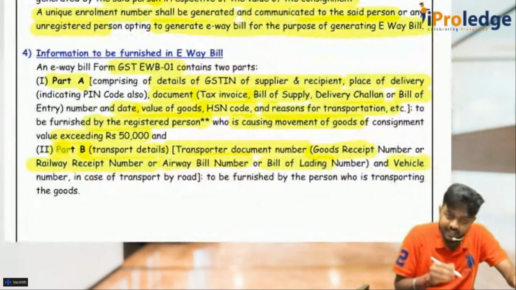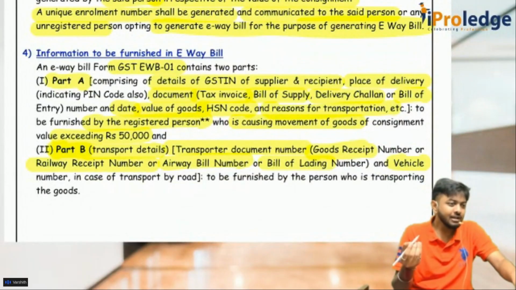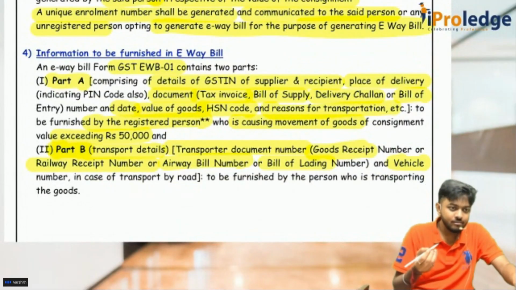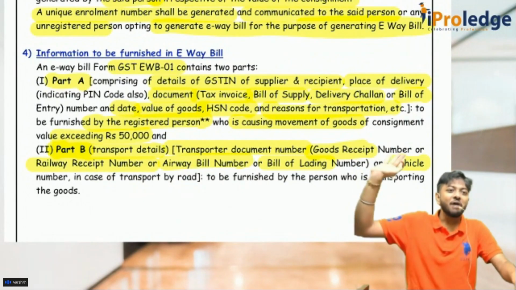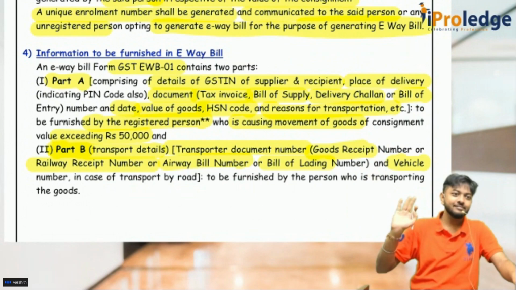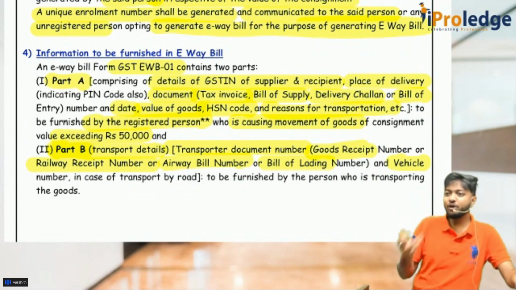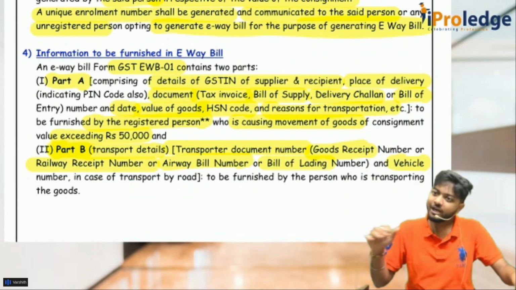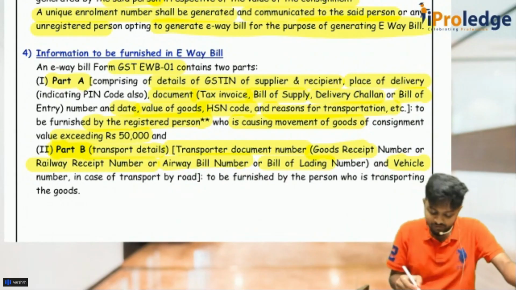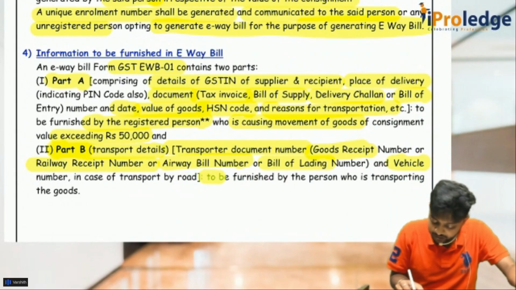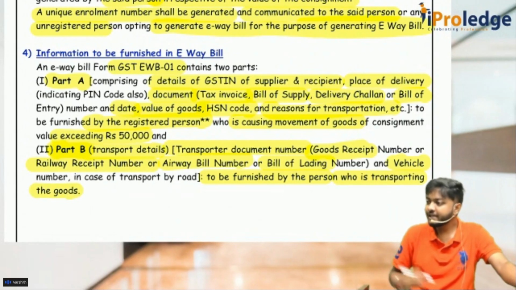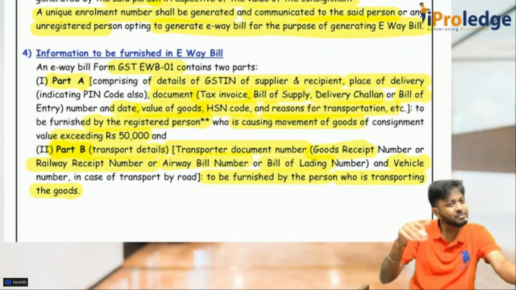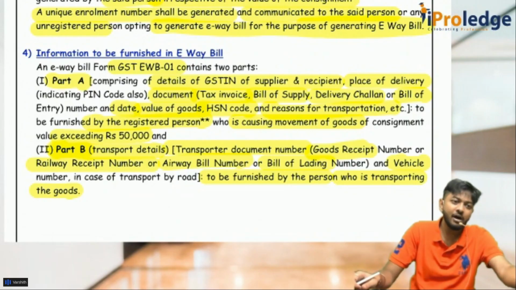Technically, since that information is not known by us who is causing the movement, the transporter will update part B for us. Clear? Because we don't know the registration number, the transporter will update part B. That's why I said it is to be furnished by the person who is transporting the goods. Who is transporting the goods? The transporter, Sharma Transport. So part B will generally be filled by Sharma Transports people.